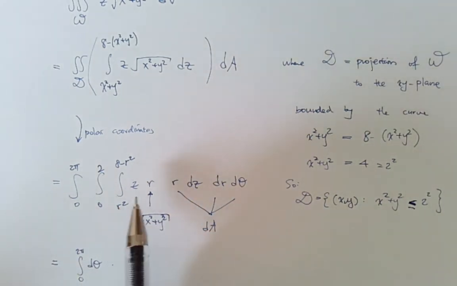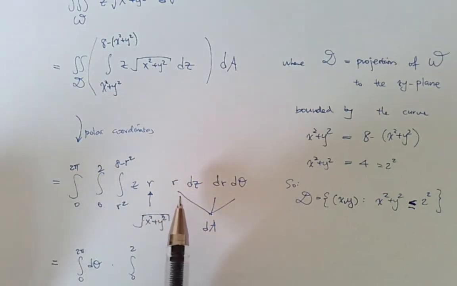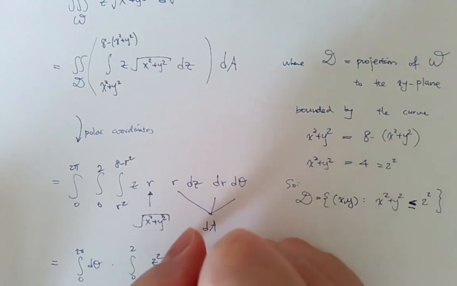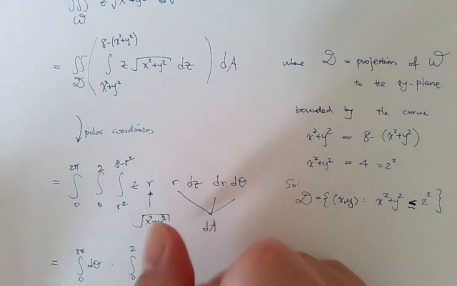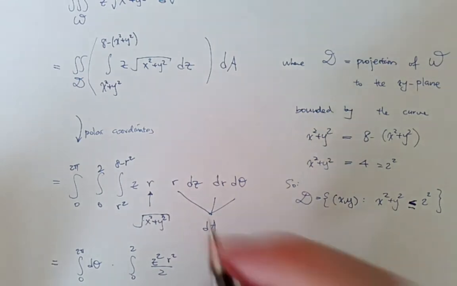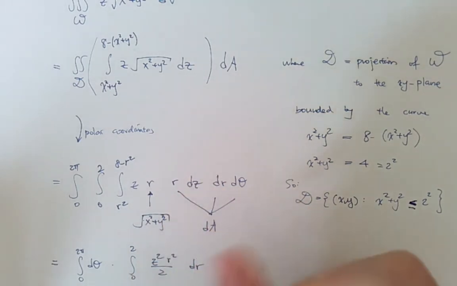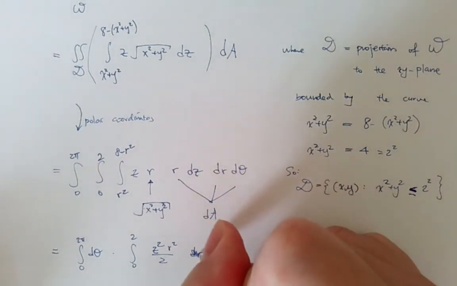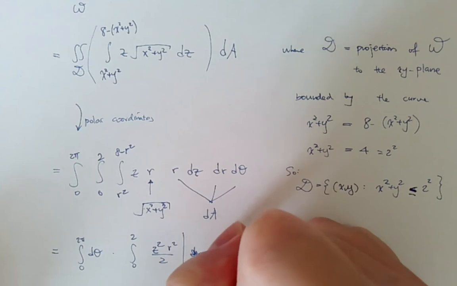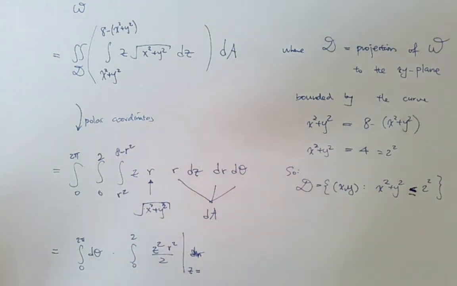If we integrate with respect to z, we get z squared over 2, times r, and then dr. No more d theta, d theta is already here. And z needs to be evaluated from r squared to 8 minus r squared.